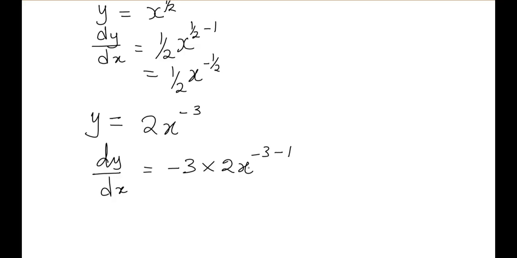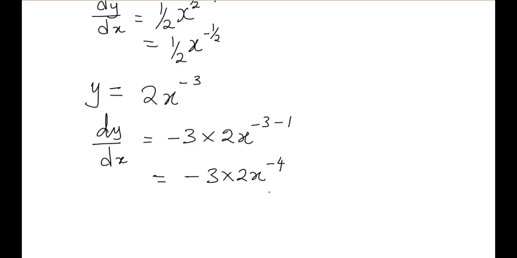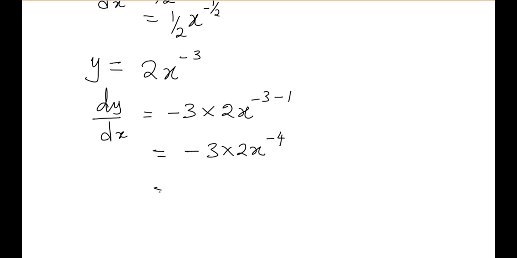You always subtract 1 from the power, then this will be minus 3 times 2x raised to the power of minus 4. Alright, so this will now be minus 6x to the power of minus 4 as your dy/dx.